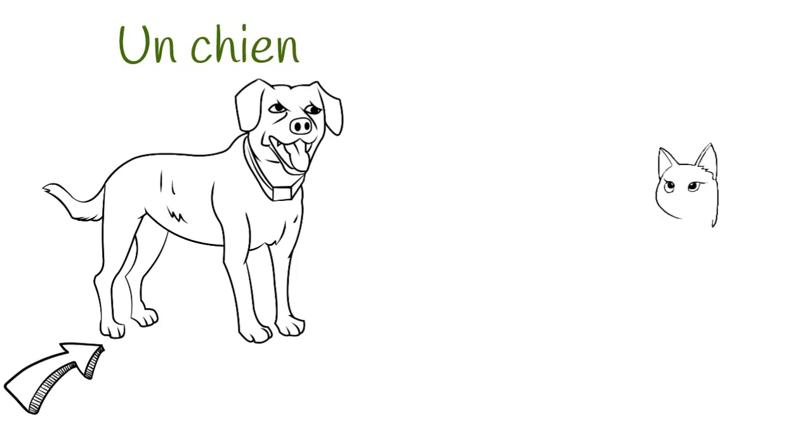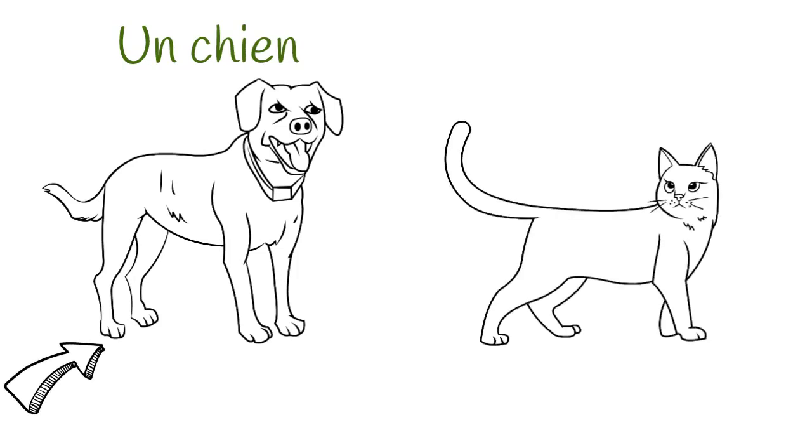For example, a dog is un chien. A cat is un chat. So, un chien, un chat. We say a dog, a cat, un chien, un chat, masculine. But for feminine, for female animals, we have another way of saying it.